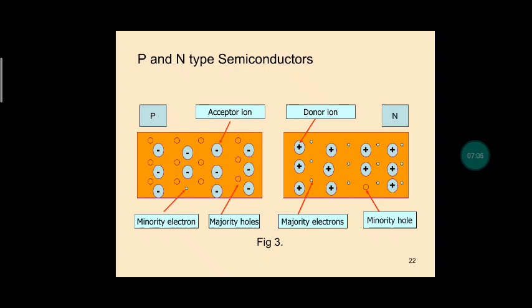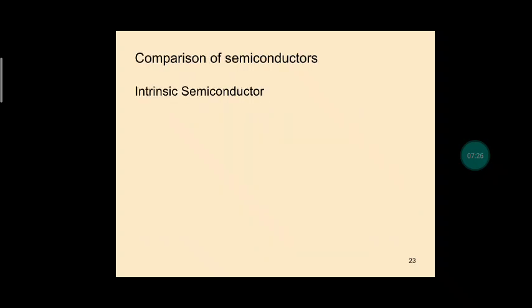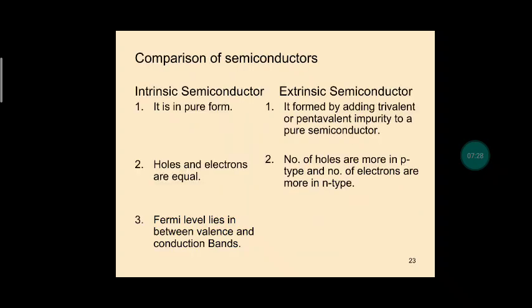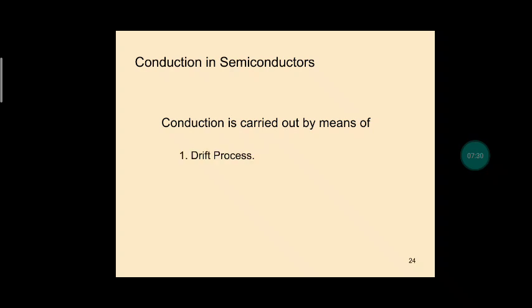These electrons are given to the p-type semiconductor. The p-type region is called the acceptor ion, as it accepts electrons from the n-type region. The n-type region is called the donor ion. The comparison of intrinsic and extrinsic we have already discussed.